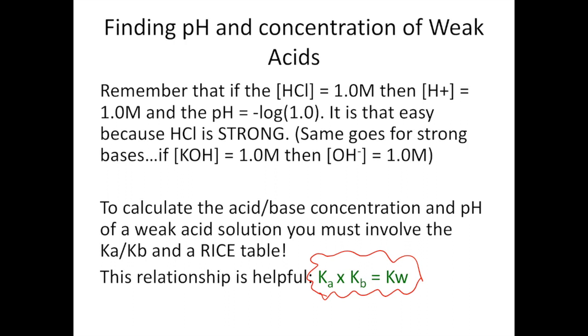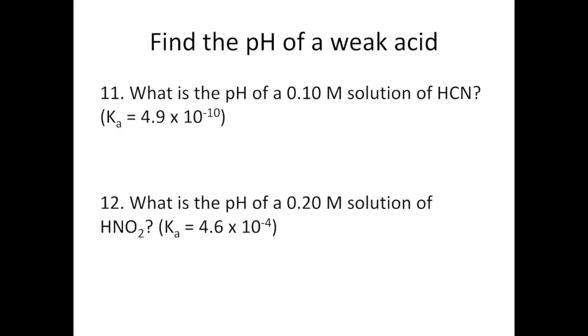This relationship here is actually one that you want to keep in mind, because if you're given the Ka but you have a base, or you're given the Kb and have an acid, and you need the other one, you can use Kw to go from one to the other. So if you need Kb, you just take Kw, which is always a constant, divided by whatever Ka you have, and you get Kb, and vice versa. So it's just good to know.